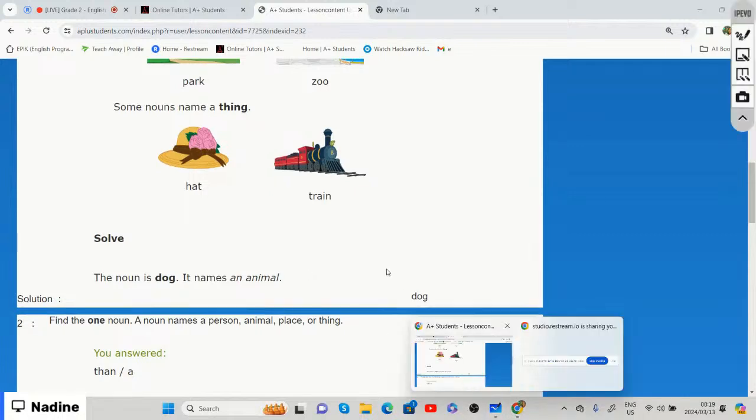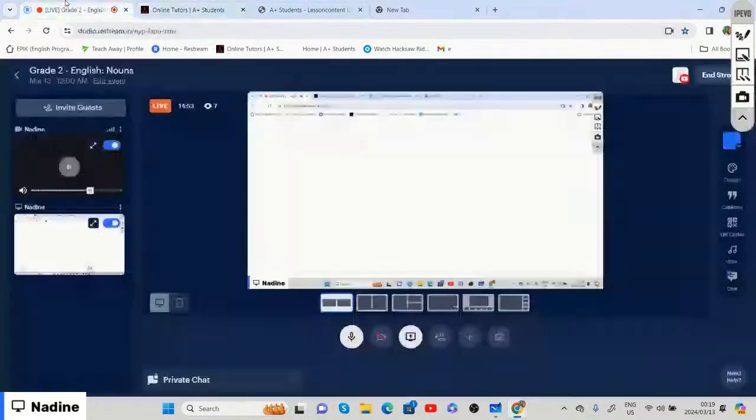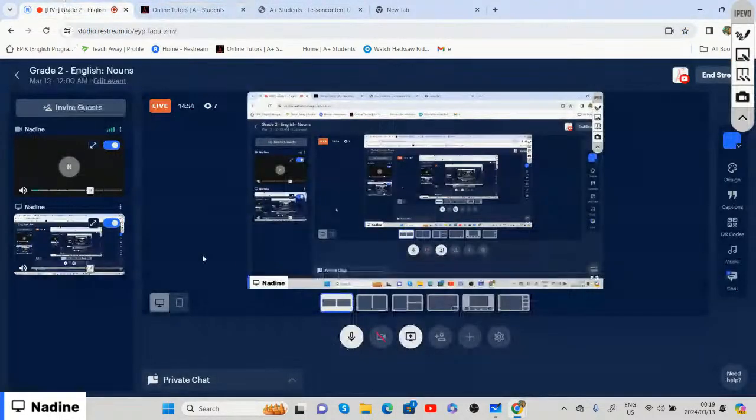Let me check. It's blurry. I don't know how to get it not to be blurry. And now is it still blurry? Is it still blurry?